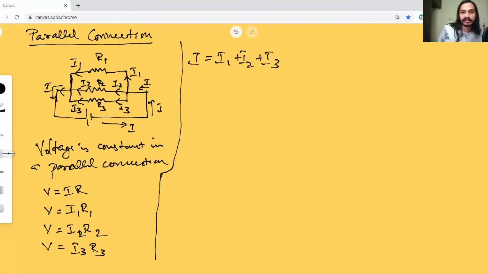If V equals I1 R1, then moving R1 to the other side, V divided by R1 is nothing but I1. Similarly, V by R2 is I2 and V by R3 is nothing but I3.